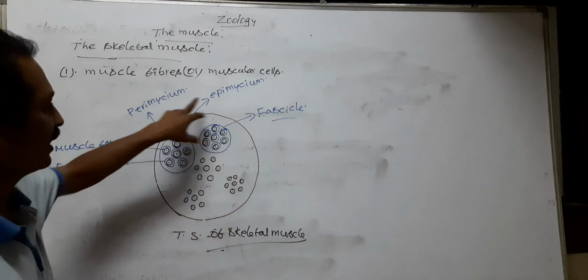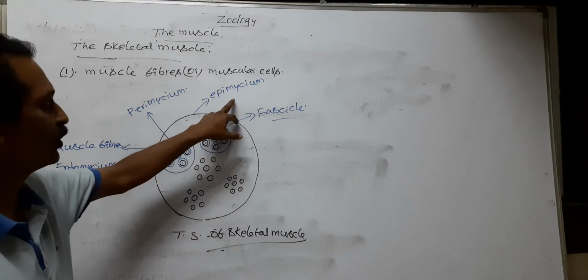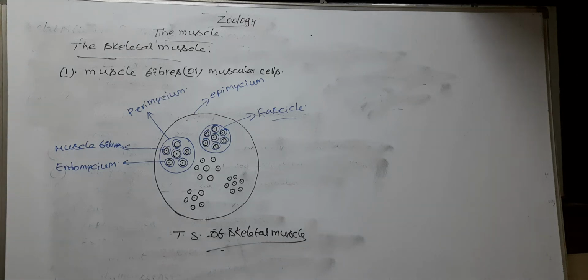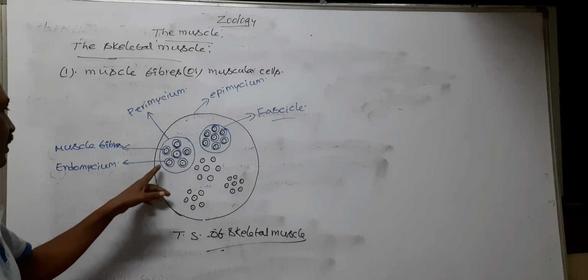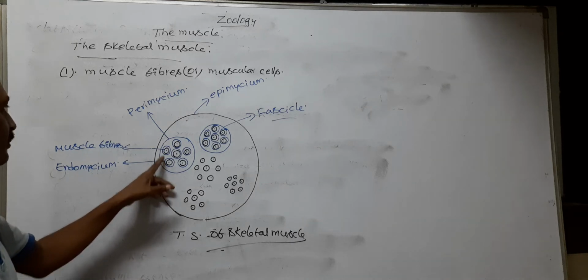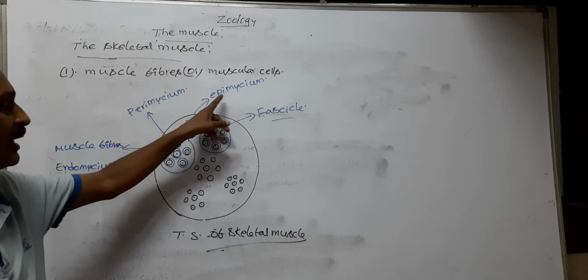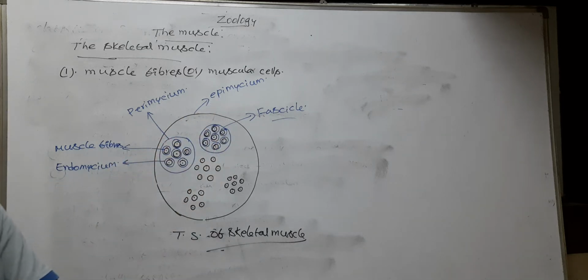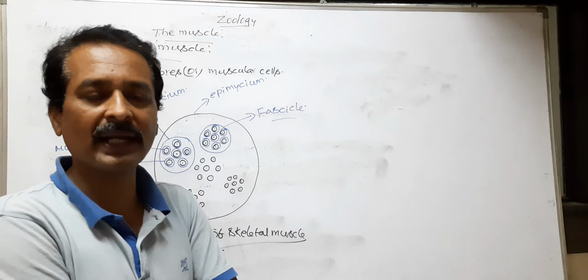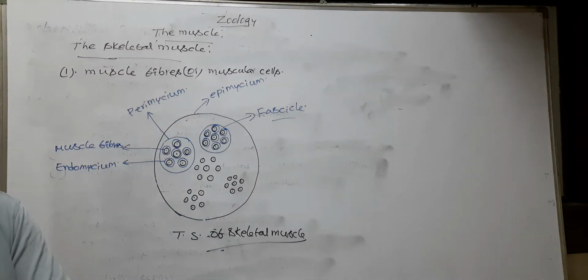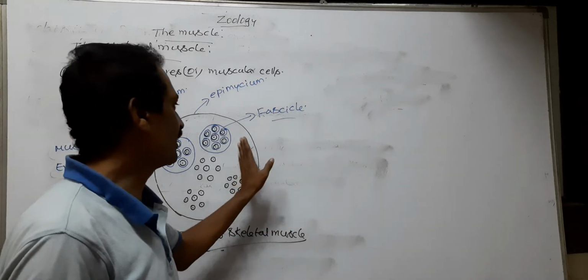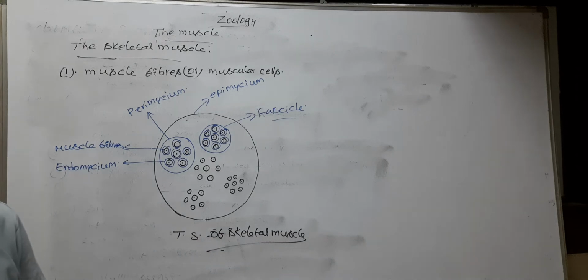The entire skeletal muscle is enclosed by epimysium. The endomysium, perimysium and epimysium extend beyond the skeletal muscle and join to form tendons. Tendons attach the skeletal muscles to bones.